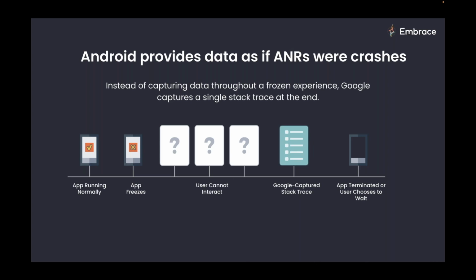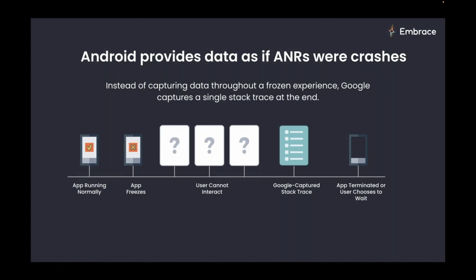In terms of the data which Google collects on the Android operating system itself, Google effectively captures a single stack trace right at the end of an ANR. So in our diagram below, we have an app which is running normally, then the app freezes, possibly due to the user navigating to a new screen where we need to load lots of information. And during this period of an ANR, the user can't interact with it.